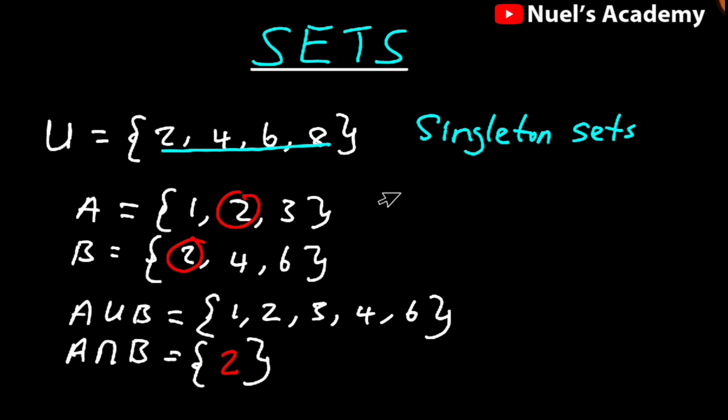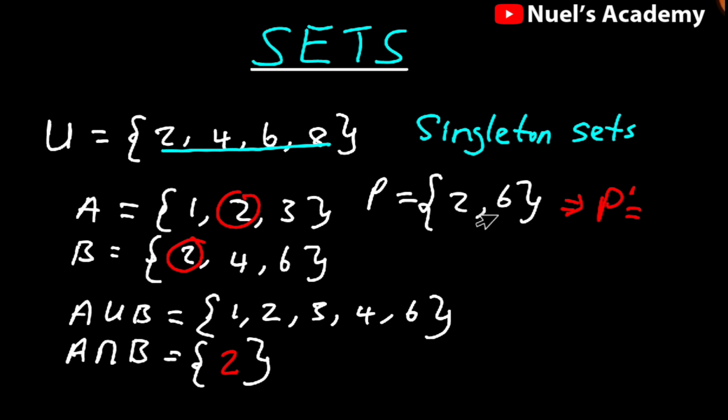Now let's discuss complements of sets. Given this universal set U: 2, 4, 6, 8, and then we have a subset P. This P is a subset of U, and it is made up of the following elements: 2 and 6. If you are told to find the complement of P, often denoted as P complement, this is going to be equal to, you come to the universal set and subtract the elements that are in the subset P from the universal set.